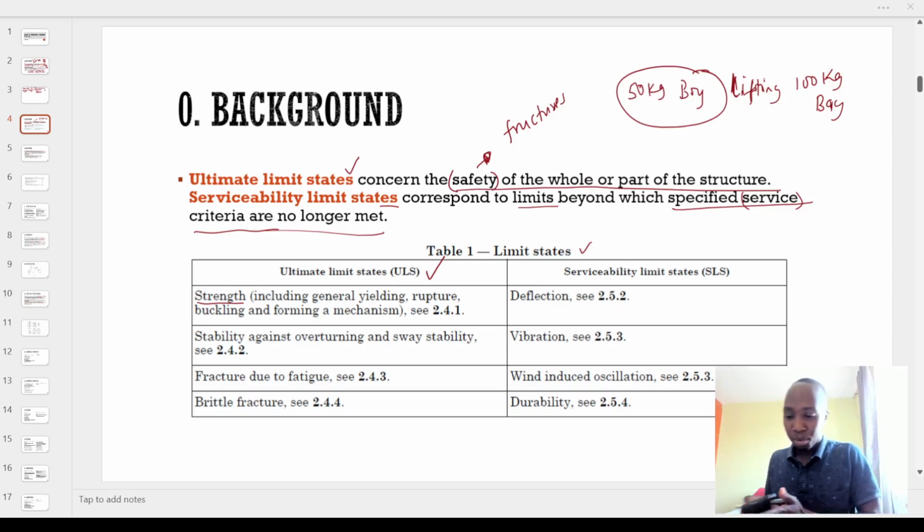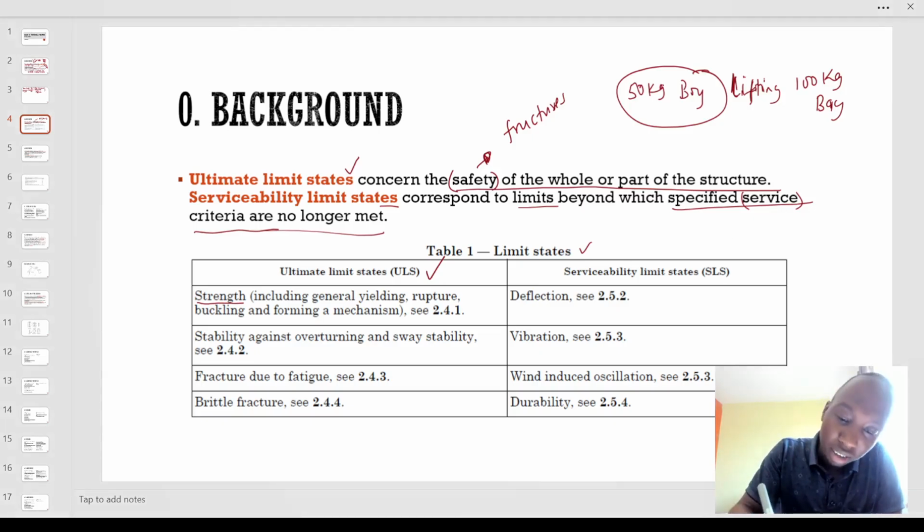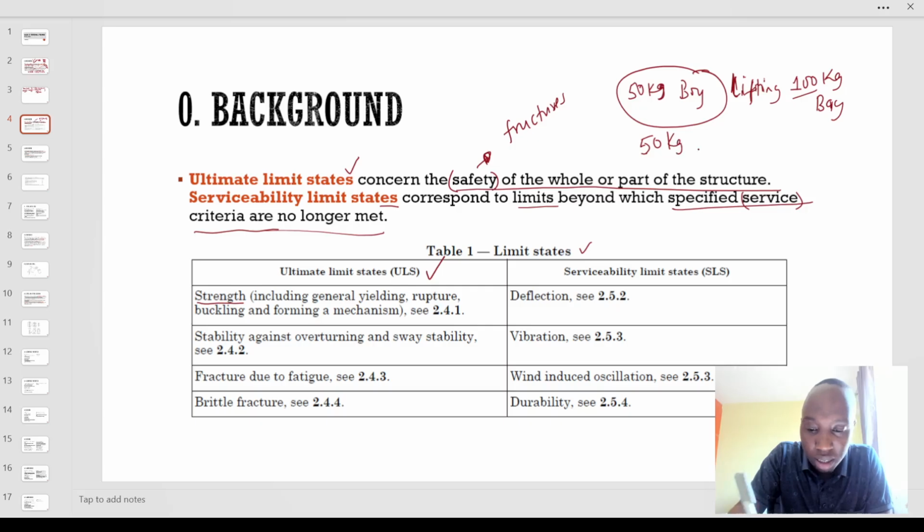Thank you. So we are talking about the balance between strength. If the boy is 50 kgs and he wants to lift 100 kgs, the boy is not strong. But if the boy is still 50 kg and he wants to lift a 40 kg bag, is the boy strong?